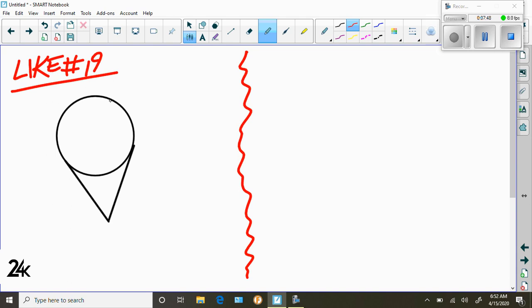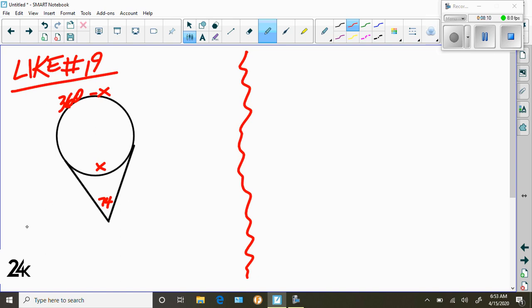Here we go. Number 19. We're going to say that this is, I don't know, 74. Okay, and this is x. So that means the big piece is 360 minus x. I know it doesn't seem right, but it's just how it is.